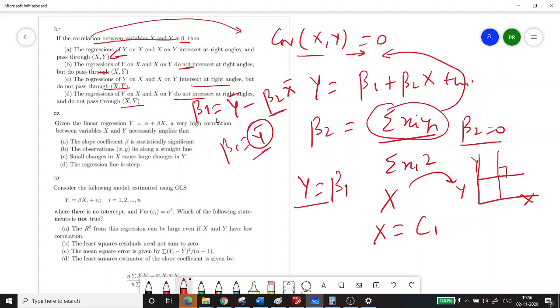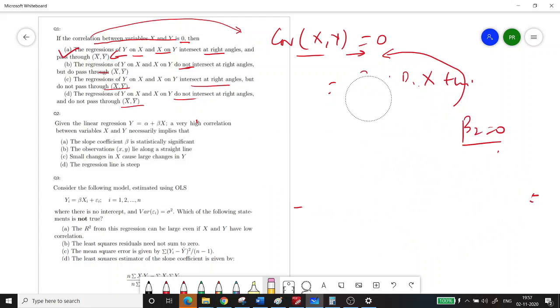And similarly, on the same analogy, when you run the regression of x on y, the intercept term will always be equal to x bar. So the correct option in this case should be that the regressions of y on x and x on y intersect at right angles and pass through x bar and y bar.